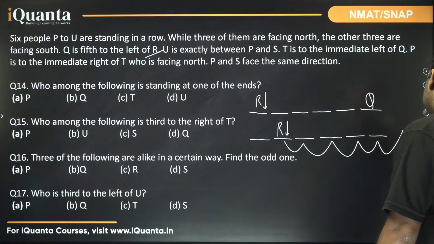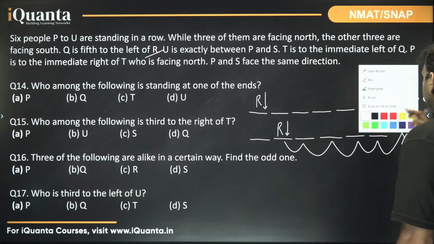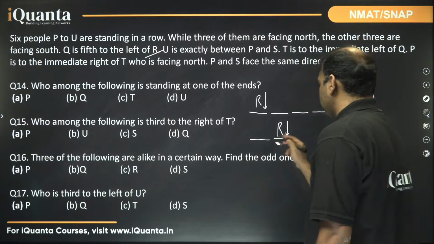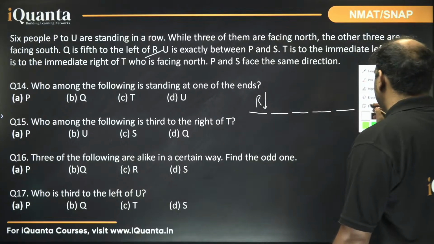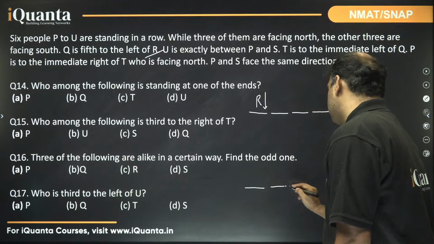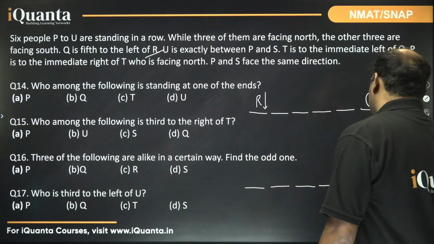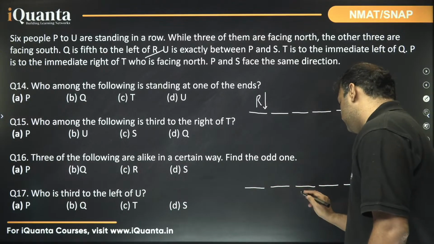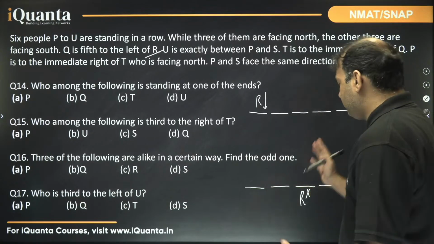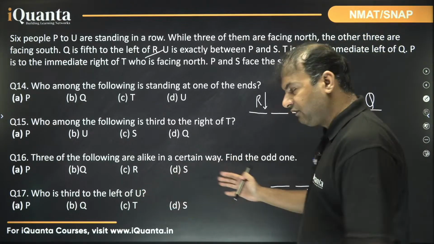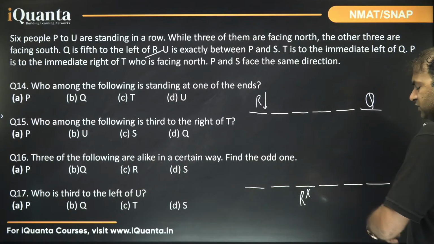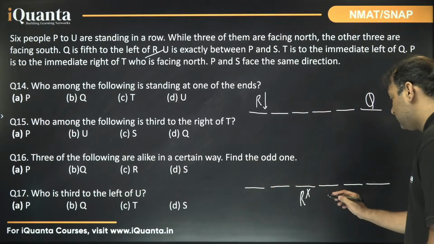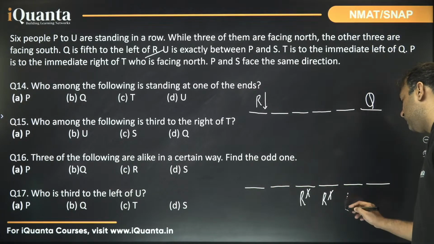Similarly, in a similar way, R cannot be here as well, because if R is facing north, there is no fifth left. If R is facing south, then also there is no fifth left place, right? Similarly, R cannot be here.